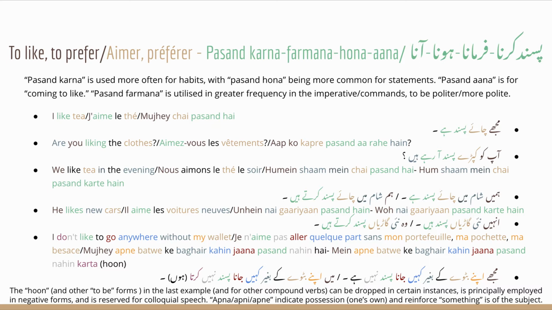Apne is your wallet. Batua is wallet, and batue changes based on the case. And then baghair is without, and kahin is like anywhere. And then jana is of course to go, and pasand is to like, and nahi is not.